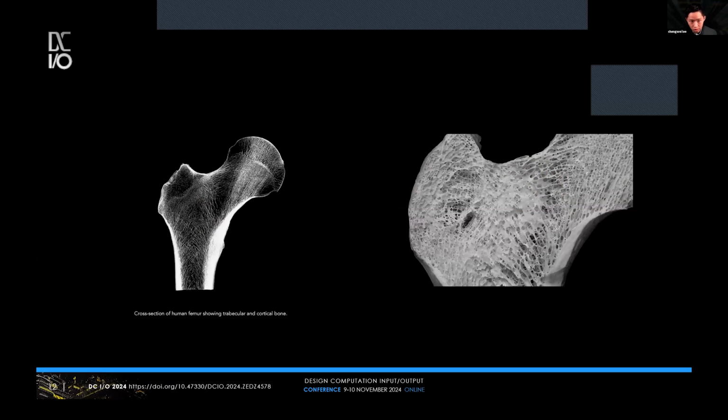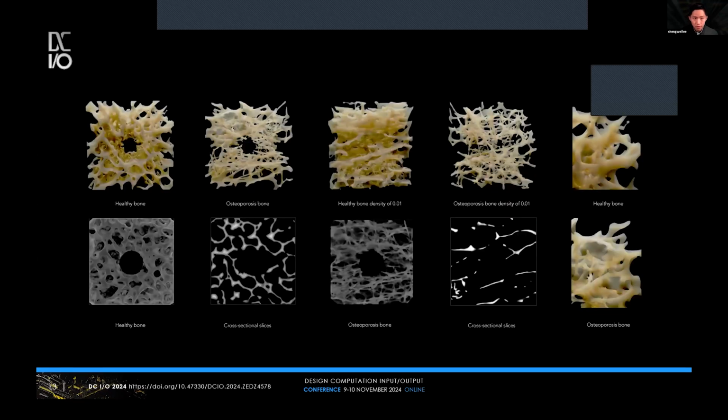And this is the cross section of human bone, showing healthy human bone and unhealthy human bone. So I tried testing on the healthy bone and the unhealthy bone structure based on different densities of voxel size.